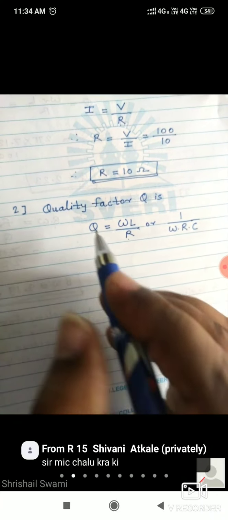So first of all, we will find out the value of L. Q is equal to omega into L divided by R. So what is unknown here? L. So L is equal to Q into R divided by omega. What is the value of Q?